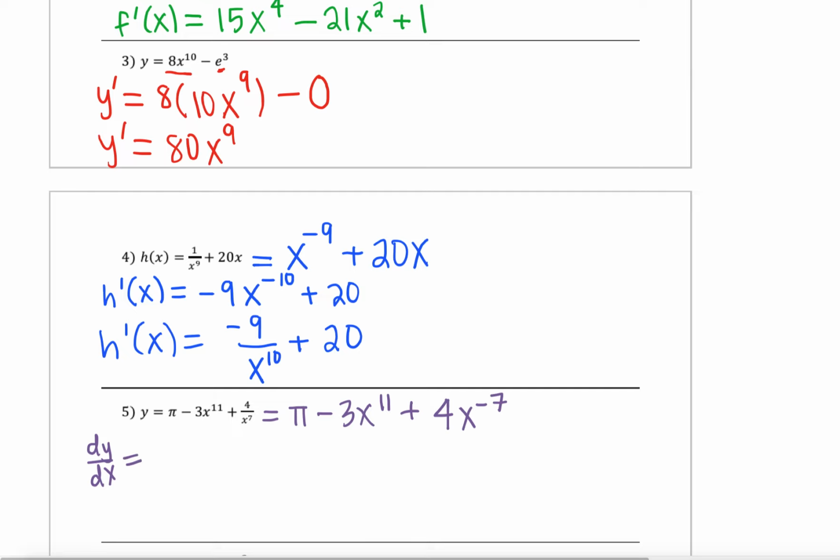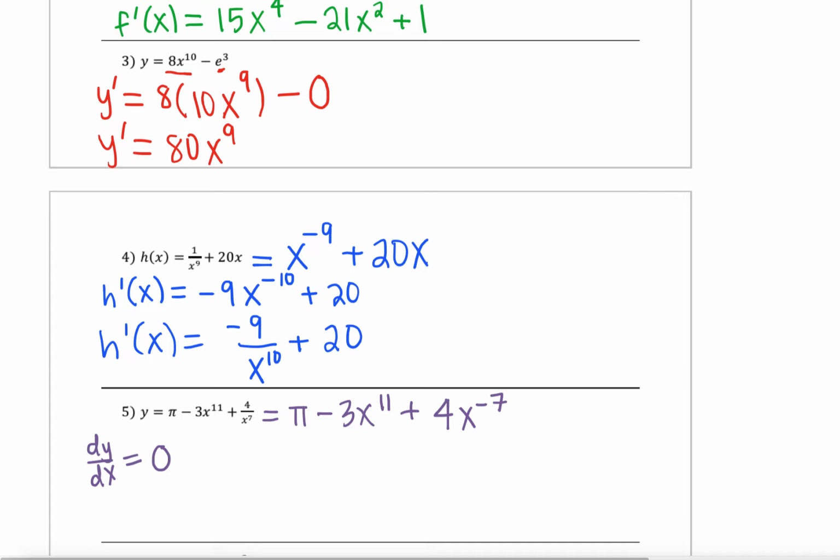I'm going to use the operator notation of dy over dx this time just to get a little variety in our notation. Pi itself is a constant because it's just a number. It's about 3.14. And if I take the derivative of any constant, what do we always get? Derivative of any constant would ultimately give us 0. So derivative of pi would be 0. With the negative 3x to the 11th, we can use the power rule for that.